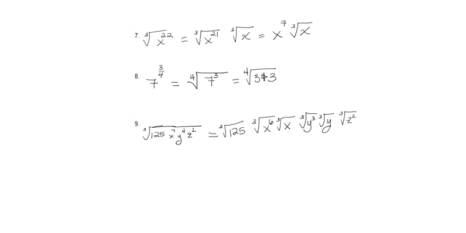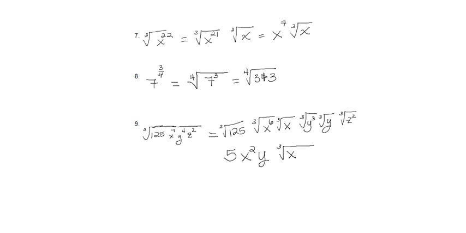So we try to simplify this. The cubed root of 125 is 5. The cubed root of x to the 6, we divide the exponent by the root. 6 divided by 3 is 2, so we're left with x squared. We still have our cubed root of x left. The cubed root of y cubed, we take the exponent, divide the root. 3 divided by 3 is 1, so we're left with a y out front.